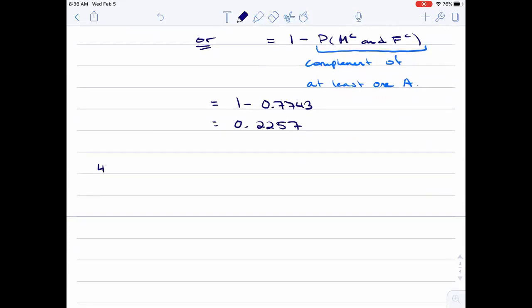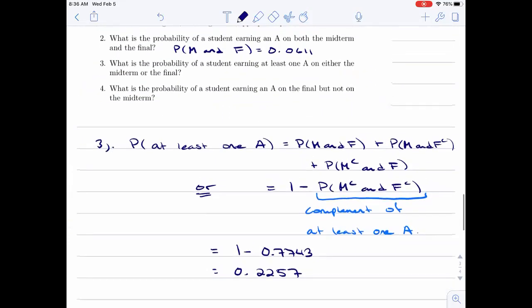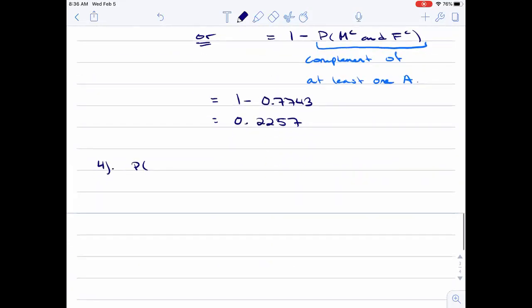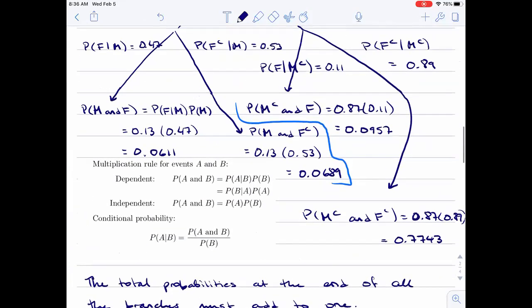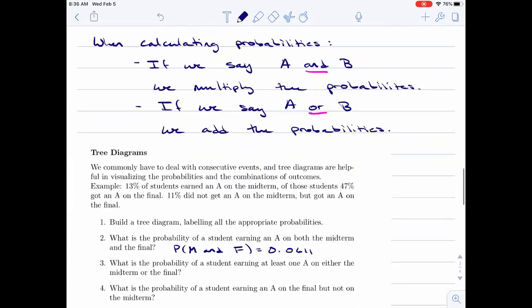So question 4, the probability of not getting an A on the midterm and an A on the final, we said was what? 0.0957.